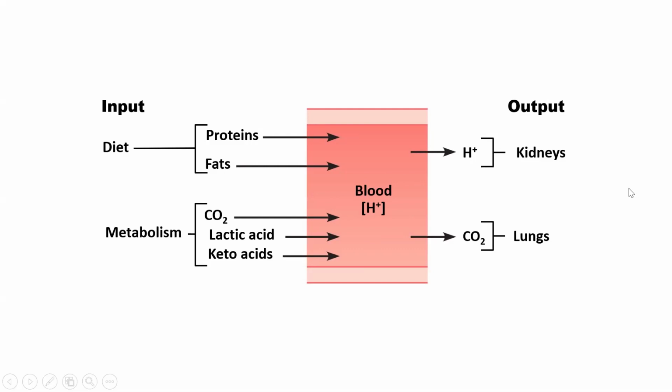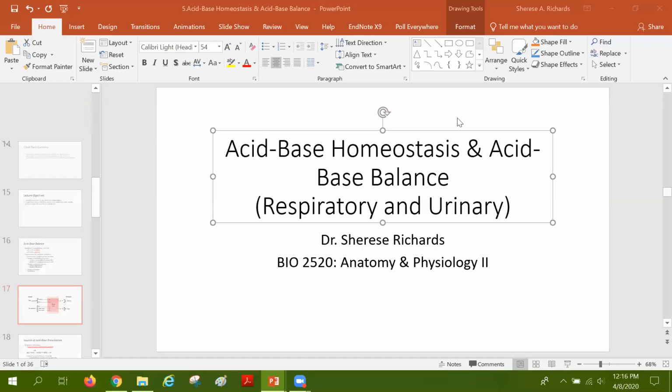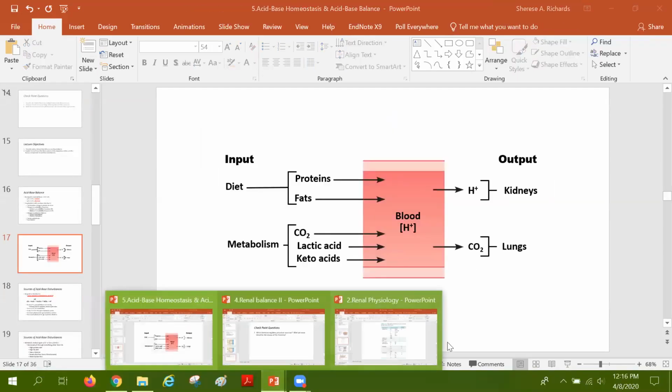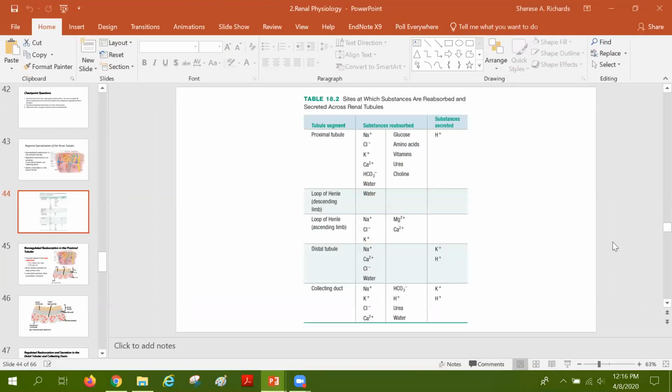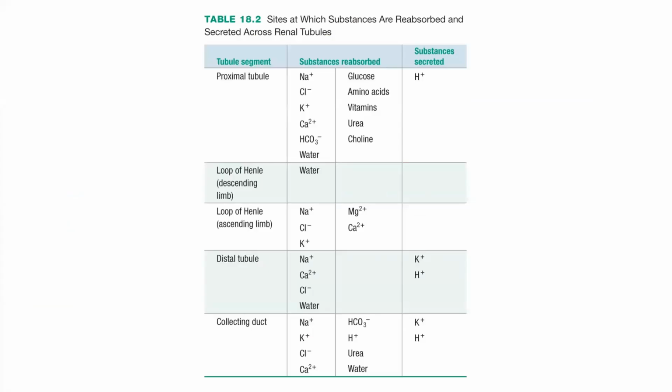in the blood. And we talked about some of the different trends of the kidneys. We talked about some of the ions that were secreted. Let's go back to this slide here. So in one of our previous packets, we talked about this table. And I didn't stress too much on you memorizing these, but I talked about the trend that shows up in terms of what's being moved across what part of the tubule.